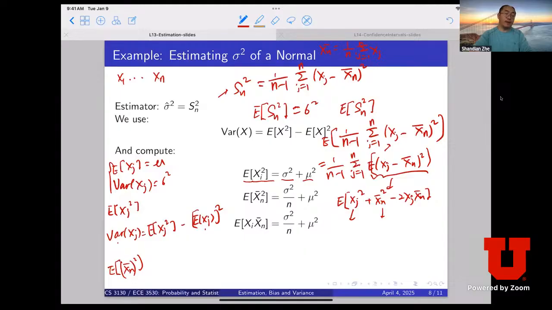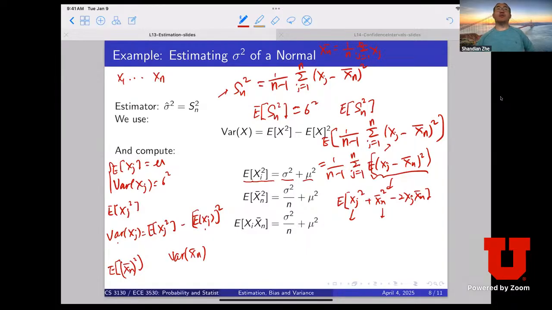Yes, exactly. We follow the same method. Variance is equal to the expectation of the square minus the square of the expectation, so the expectation of the square is the variance plus the square of the expectation. The key is how do we compute the variance of the sample mean?